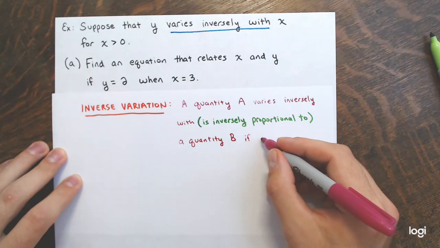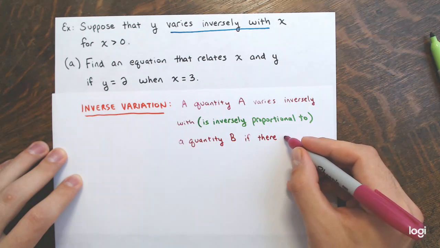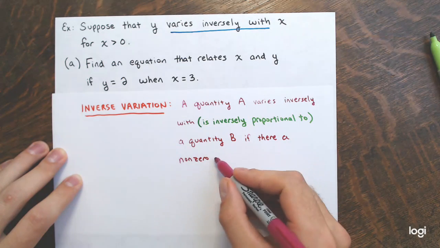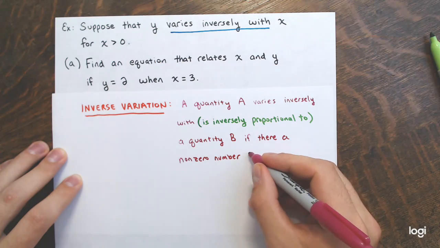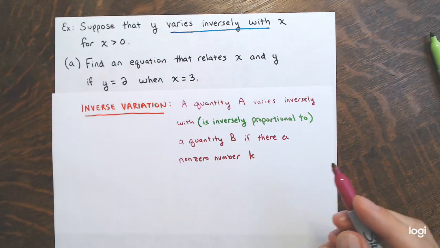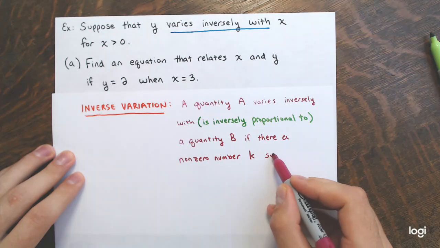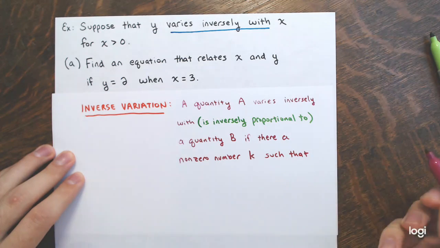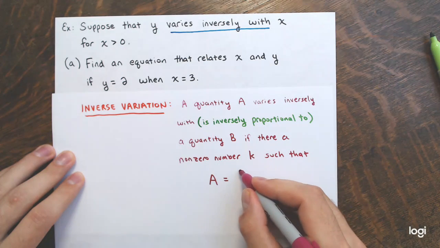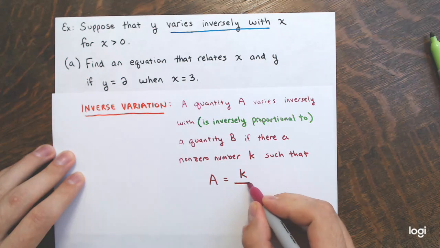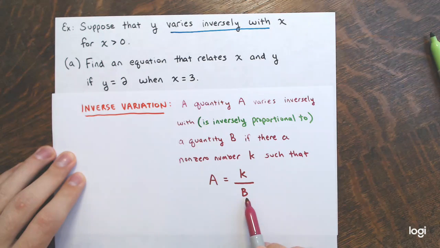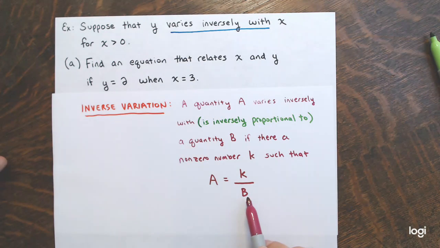A varies inversely with, or is inversely proportional to, B if there is a non-zero number, which we'll call K, and you'll usually see it called K in most texts, such that the following equation holds: A is equal to this number K divided by B. Of course, the value of B cannot be 0, because you can't have denominators of 0.